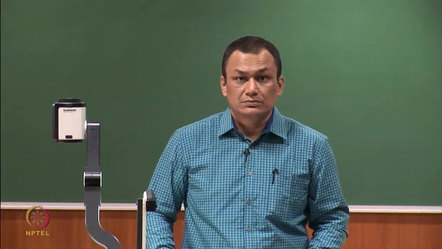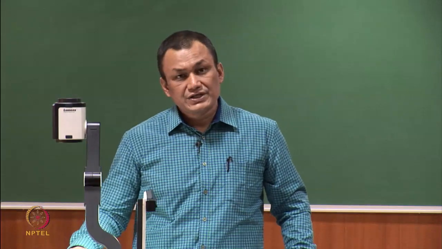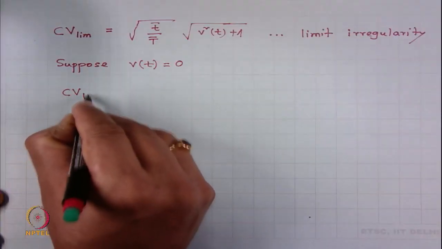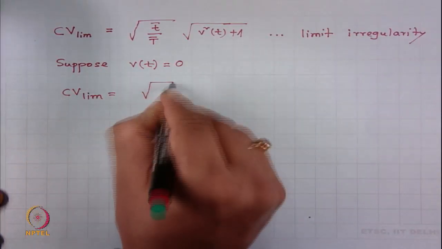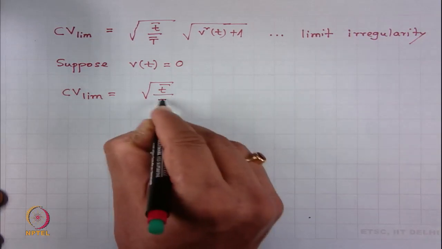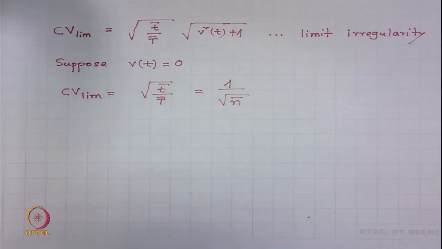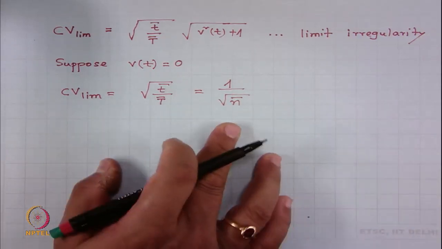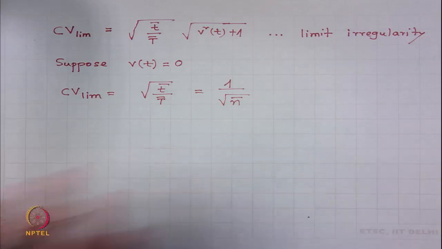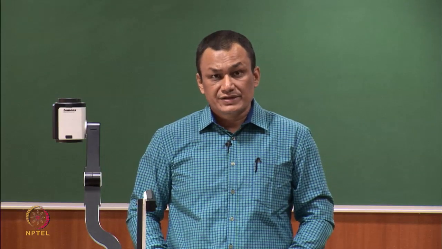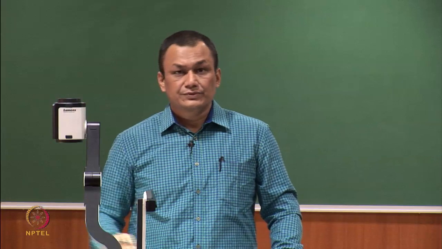So, the CV of fiber fineness is 0. If we substitute V t equal to 0 here, what will we find? CV limit will be this. This expression also you will see in many books. So, in this case one more assumption is considered, that is V t is equal to 0.